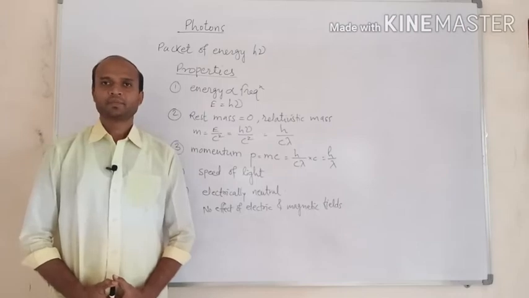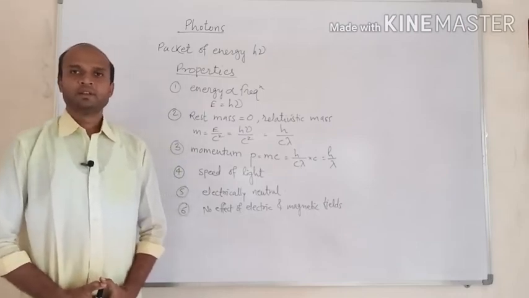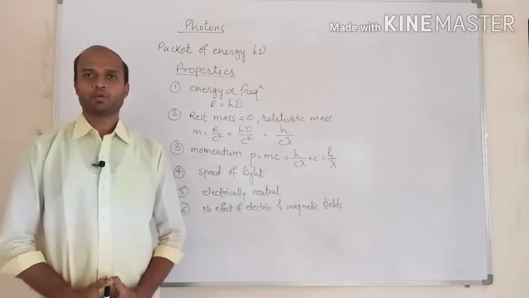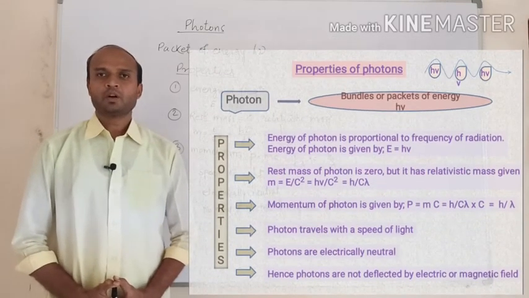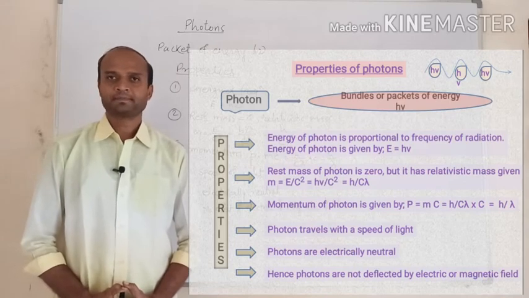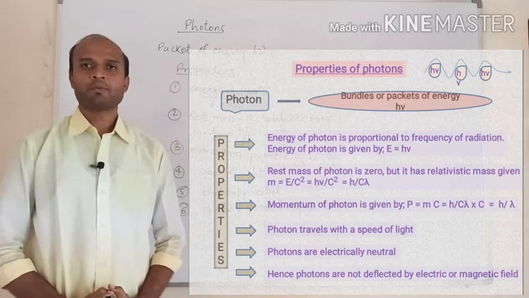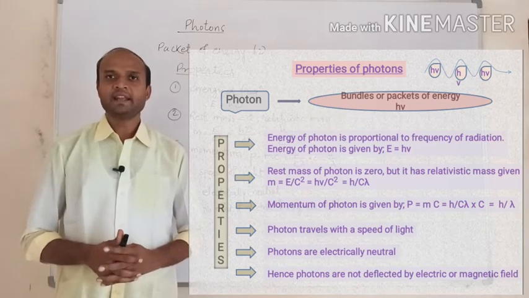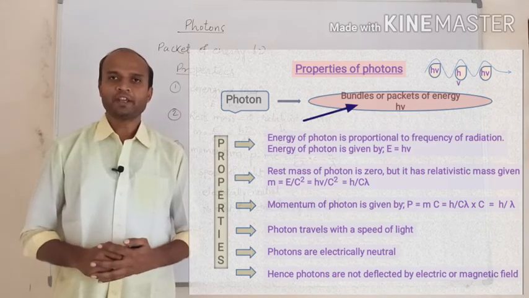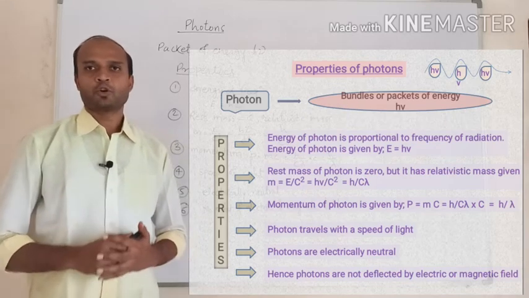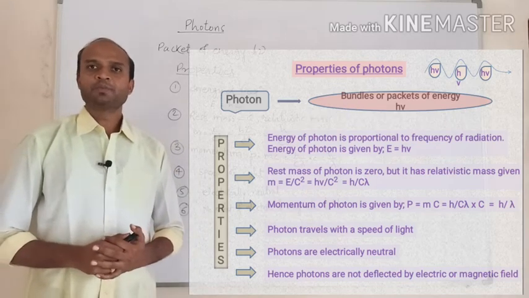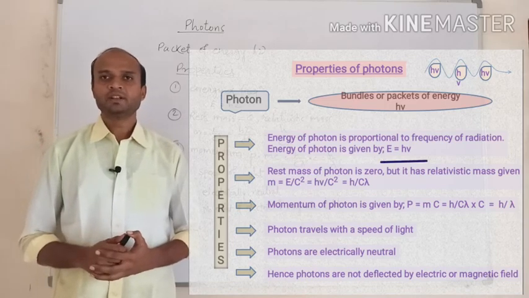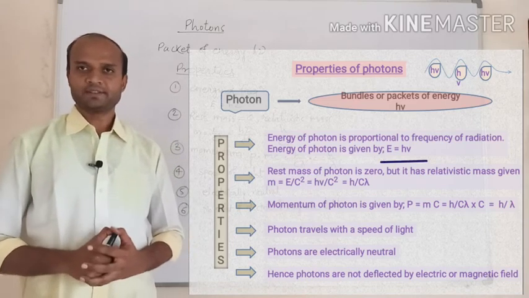And lastly, we have to discuss what is meant by a photon and the properties of a photon. According to Einstein, light consists of bundles or packets of energy, and that bundle or packet of energy is called a photon. The energy of this photon depends on the frequency of the light or radiation.